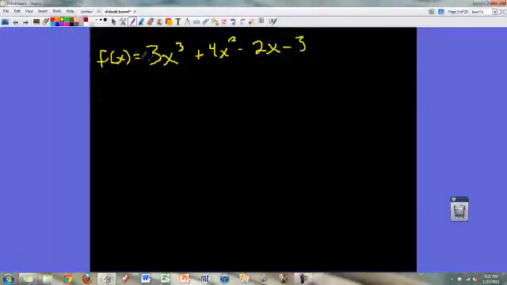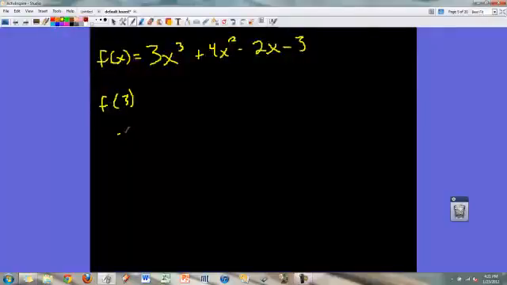For example, if we had 3x to the third plus 4x squared minus 2x minus 3, and it says f of x, just to make it a function. If I said find f of 3, I could use synthetic division to find the value. If you do that, that is referred to as synthetic substitution, because you are substituting into the problem.